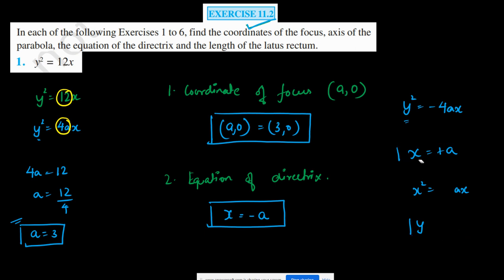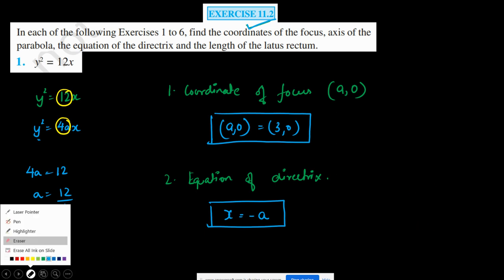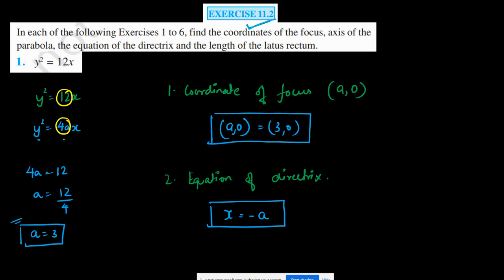Here it is y squared is equal to 4ax. Since it is about y squared, I should be taking the other axis, which is x over here, and I have a positive value, so I should be taking the opposite sign, which is going to be negative. The equation of the directrix is also done.